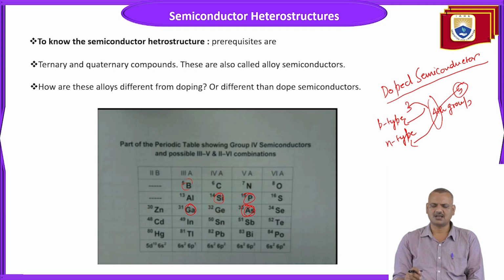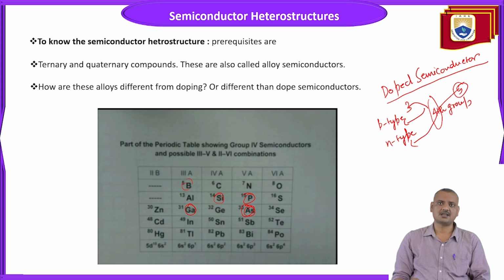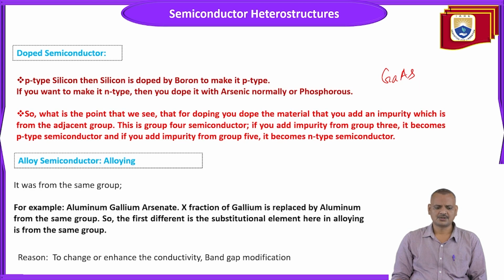You can't say it is an alloy or ternary or quaternary semiconductor, but once you dope gallium arsenide, you get some semiconducting property.